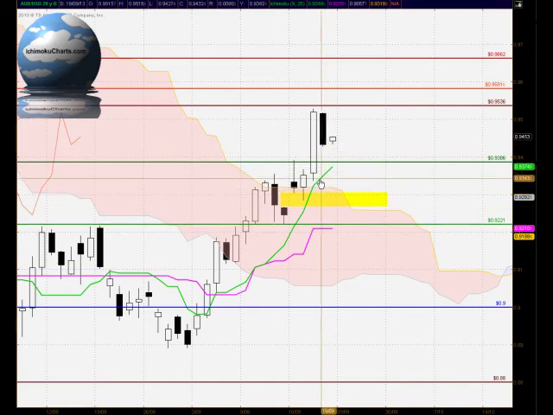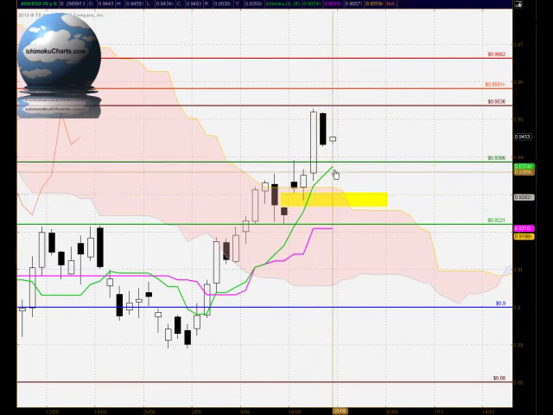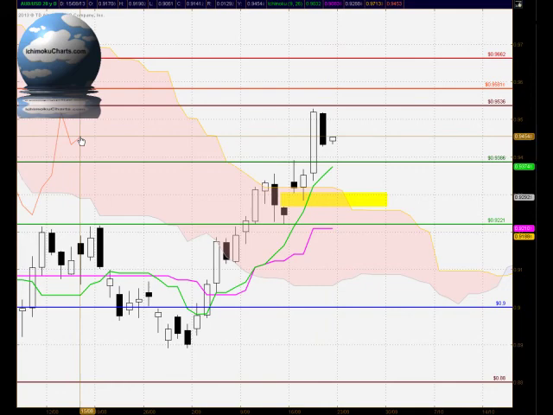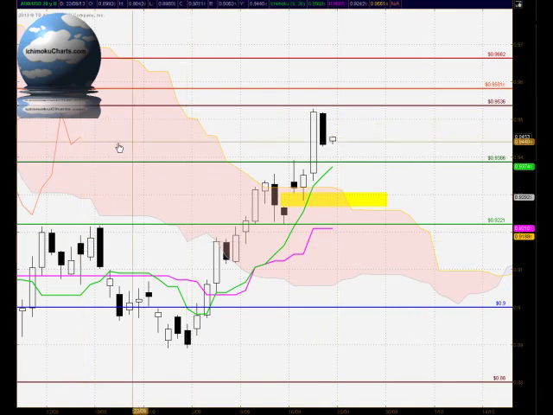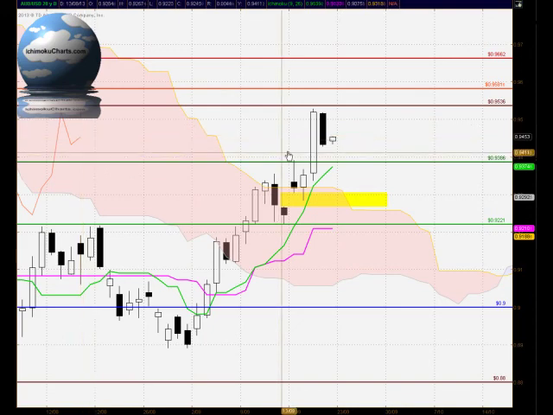But the market's also trading above the Tenkan-sen, the green line here, so we have a bullish market in the fast term time frame, and the Chikou span is above the corresponding price action, so it's confirming the bullishness that we're seeing in all three time frames.